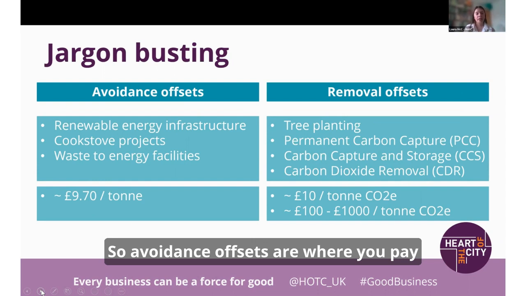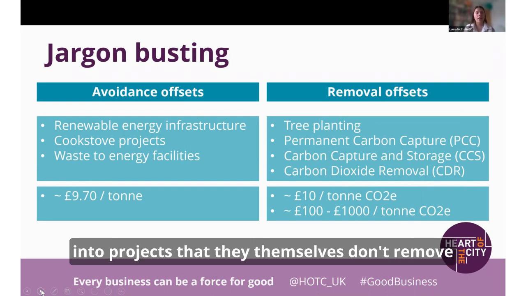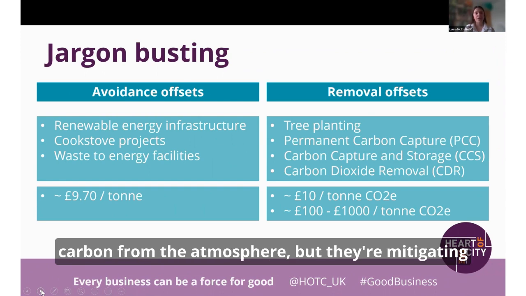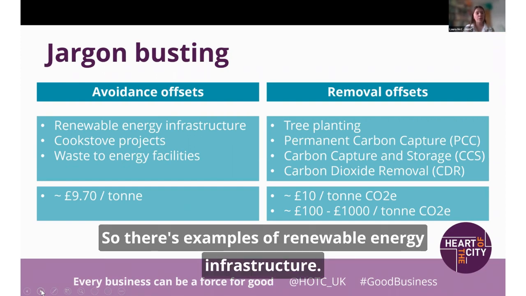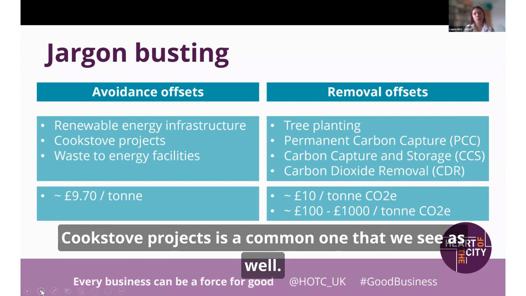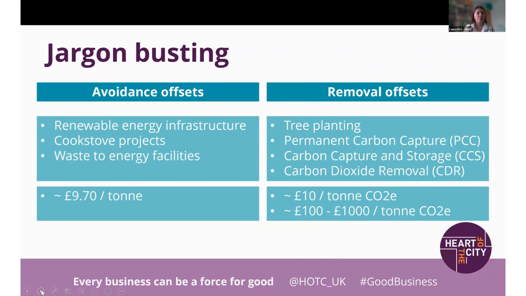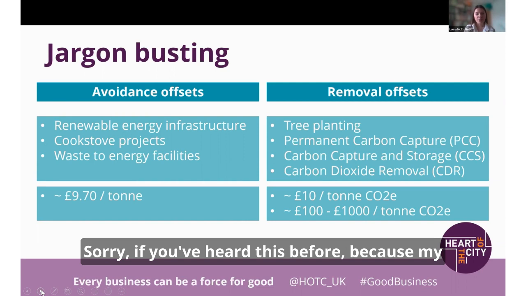So avoidance offsets are where you pay into projects that don't themselves remove carbon from the atmosphere, but they're mitigating more carbon entering the atmosphere. Examples are renewable energy infrastructure, and cook stove projects are a common one that we see as well. Sorry if you've heard this before, because my staple example is always solar panel farms.